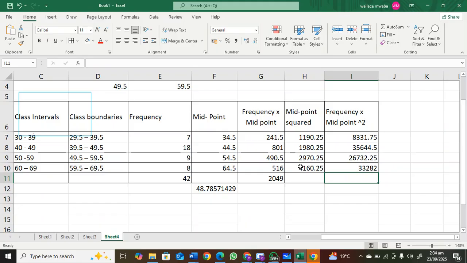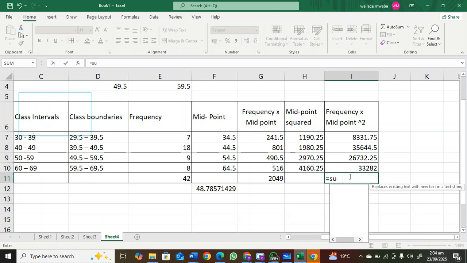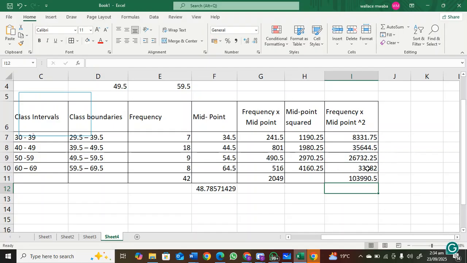All right, so that's each of the midpoints. We multiply them by the frequency, then we add them up. All right, this is our total.